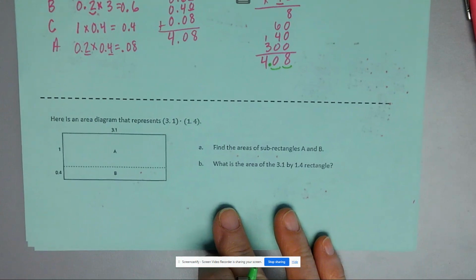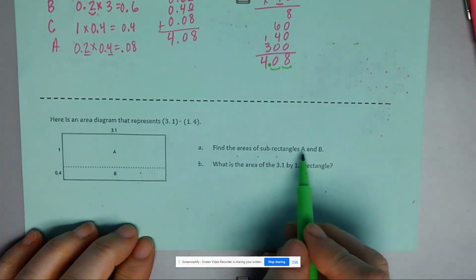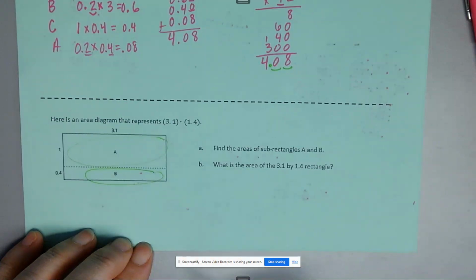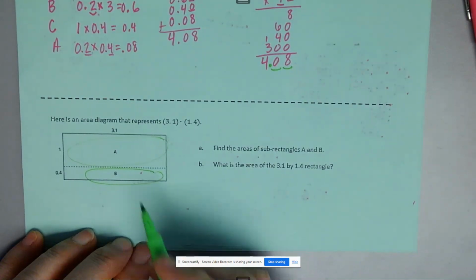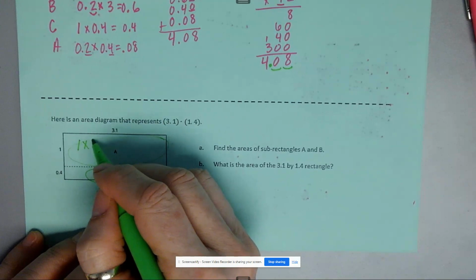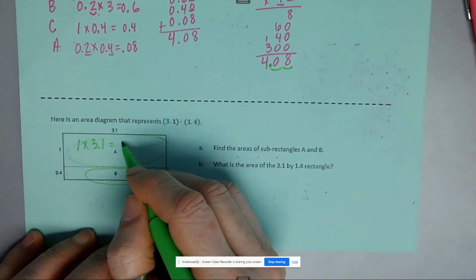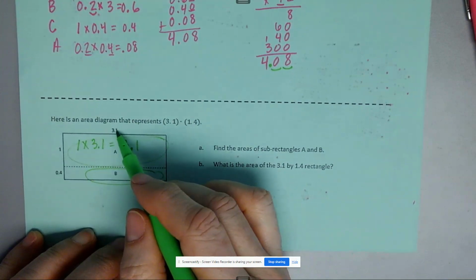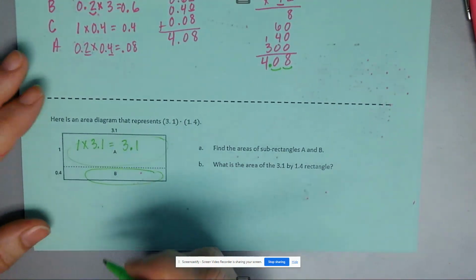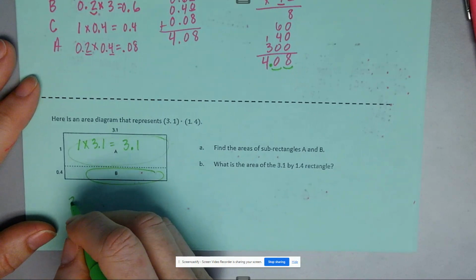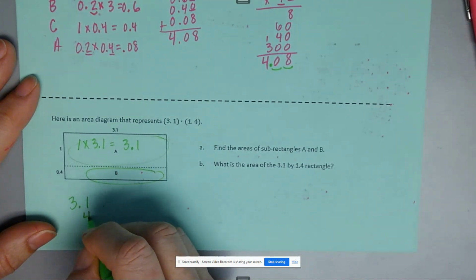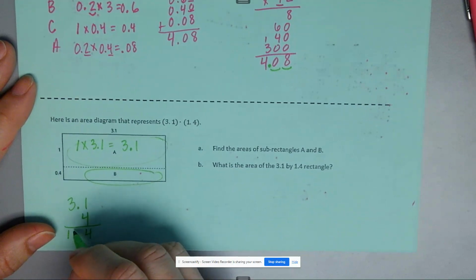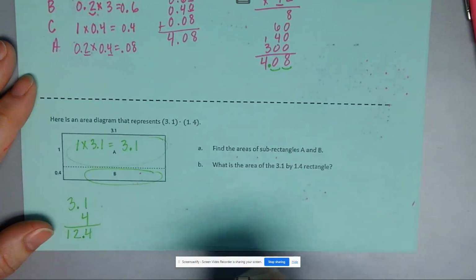Go ahead and work on the next part. Basically, find the area of rectangle A, find the area of rectangle B, and then add them together. So this is 1 times 3.1, so that's easy. 3.1, or 3 1/10. This is 3 1/10 times 0.4. I probably would have broke that up to make it easier. So that's 4, that's 12.